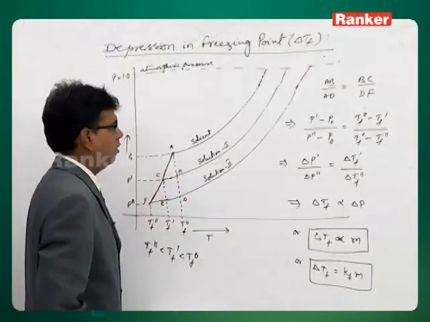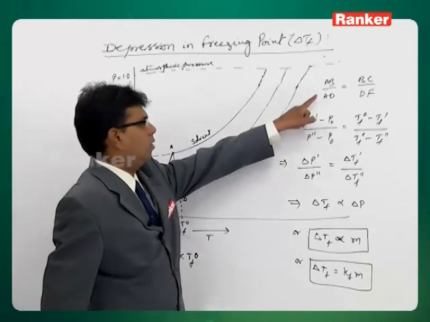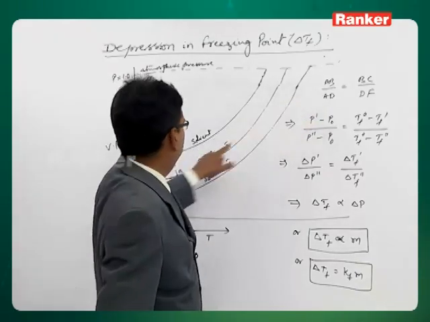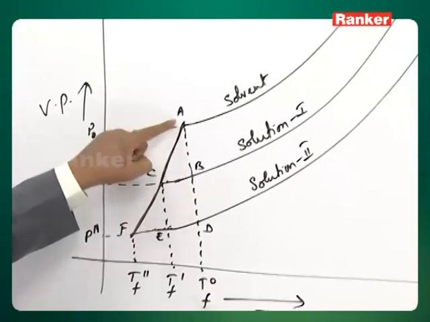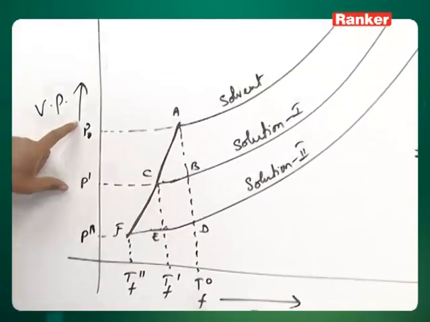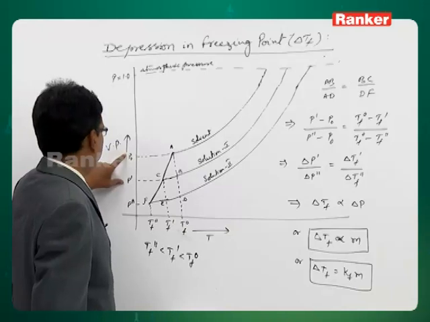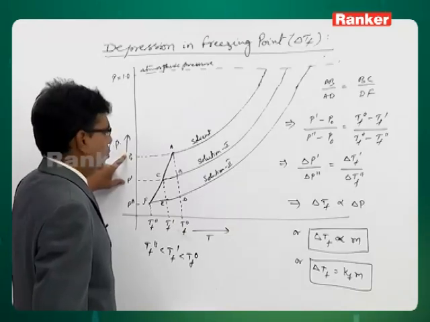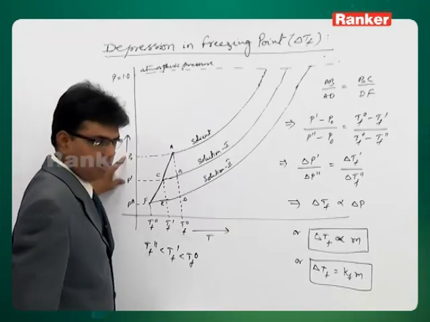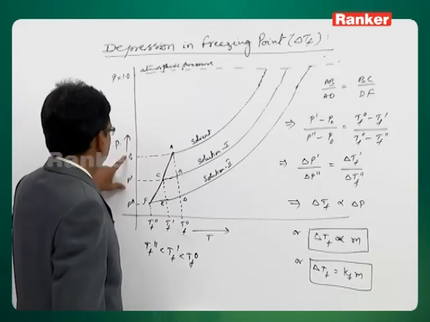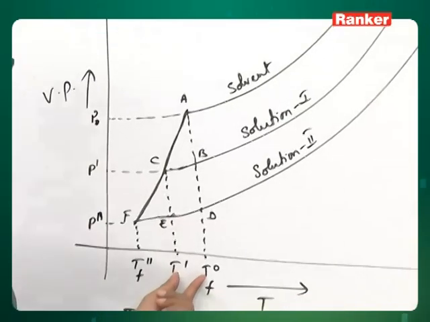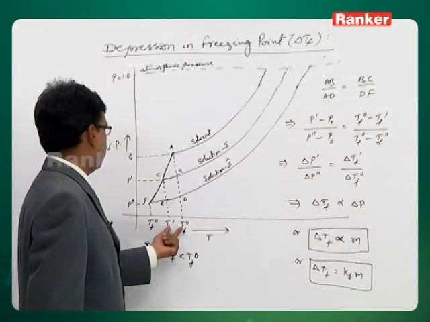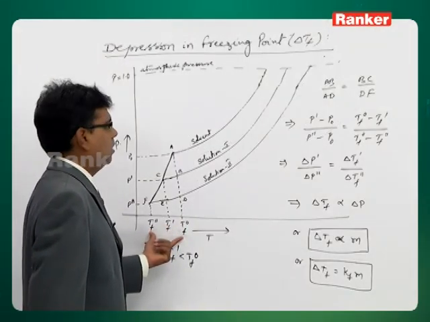So again mathematically, the ratio of AB to AD, that is nothing but P naught minus P dash by P naught minus P double dash, is equal to TF naught minus TF dash divided by TF naught minus TF double dash.